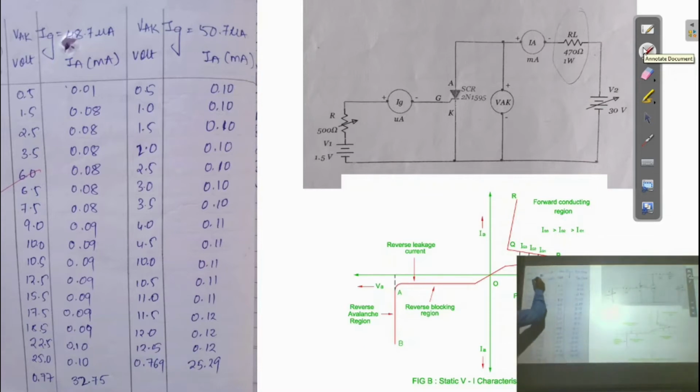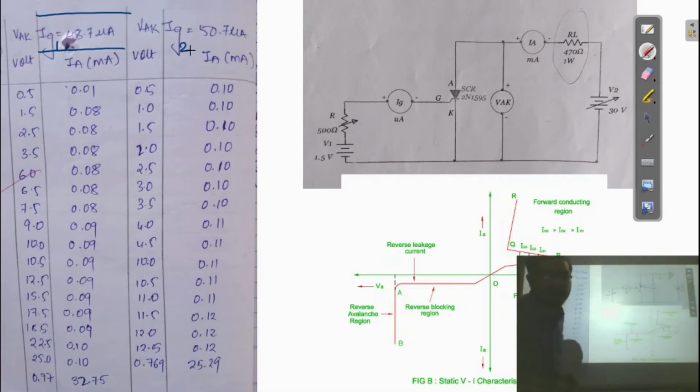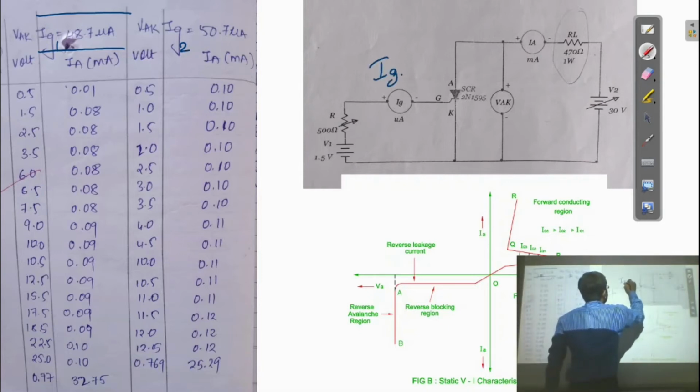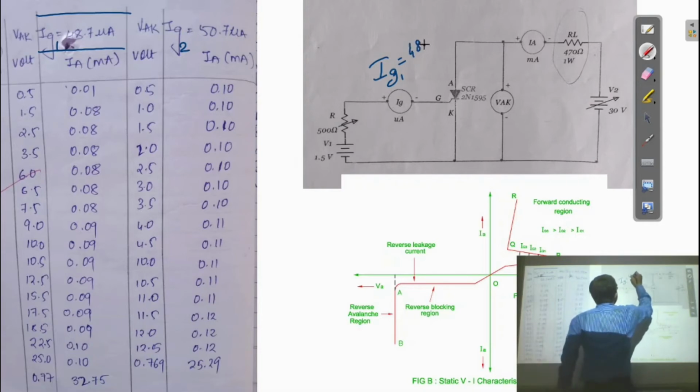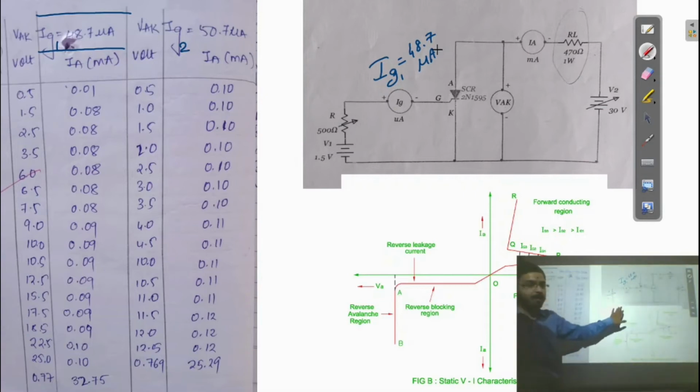Let us see case number 1, that is Ig1. This is Ig1 and Ig2. Ig1 we have set to 48.7 microampere through this supply, right?